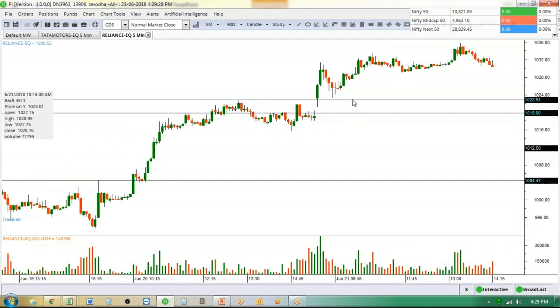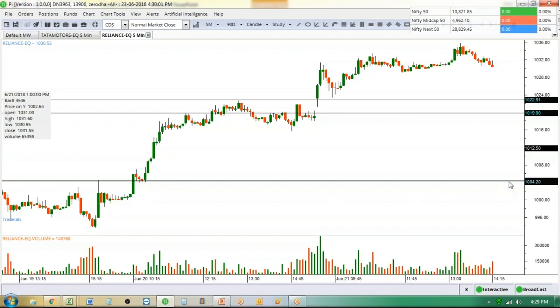Generally what will happen is the price will come, fall below this, and will break this out and go up. Okay, the same way, this is the low of the day, and let's say the closest support is also somewhere here only. Okay, this is the nearest support line to the low price of the day, intraday lows.